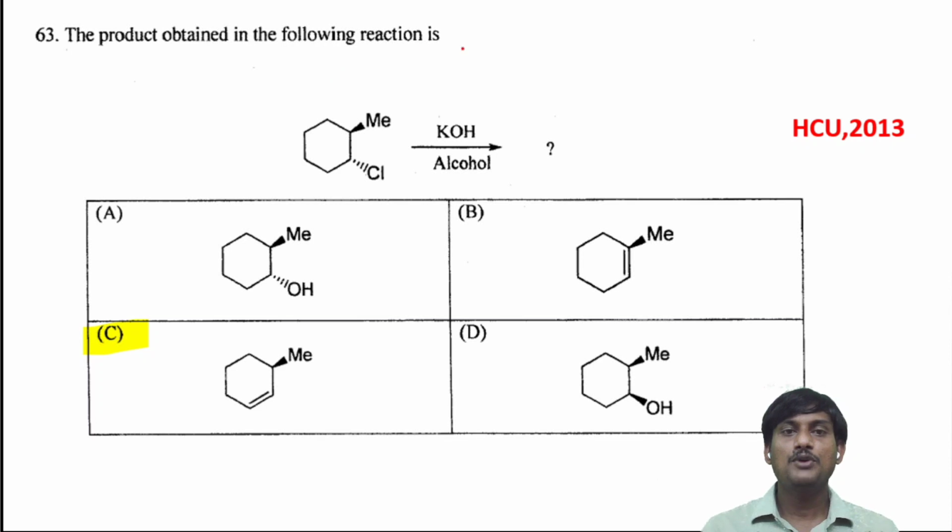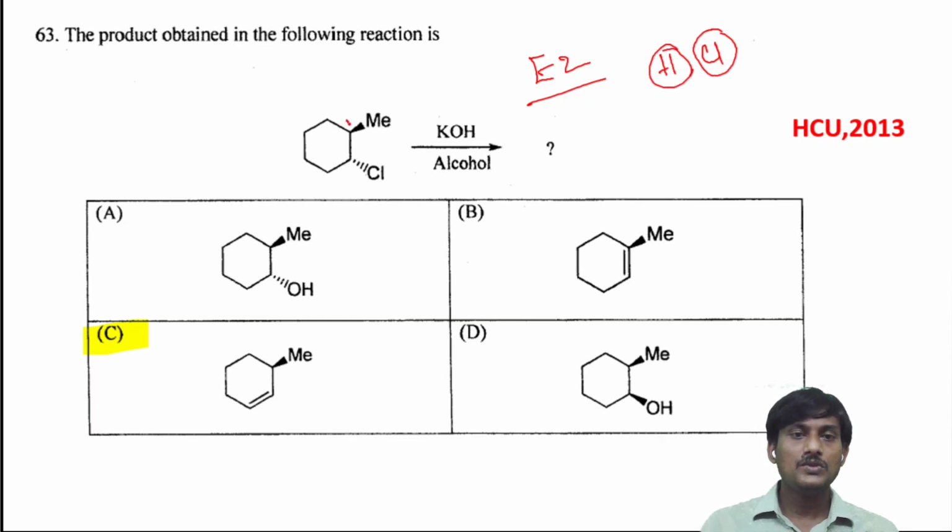The product obtained in the following reaction is: here the Cl is the leaving group. In alcoholic KOH there is an elimination reaction, E2 elimination reaction takes place. In E2 elimination, the proton, hydrogen, and the chlorine should be anti-periplanar. Here, this is the hydrogen. Both are seen, but here you have one hydrogen above the plane and one hydrogen below the plane.